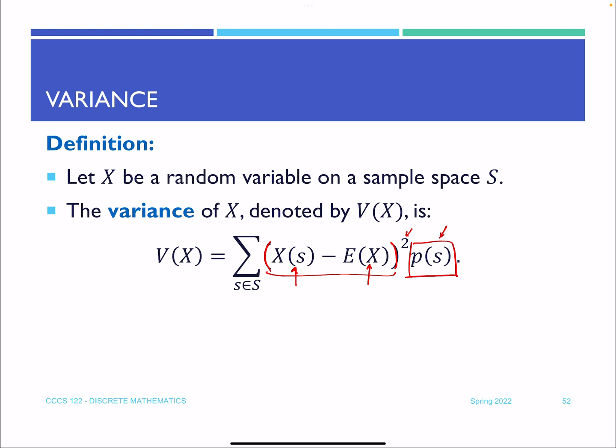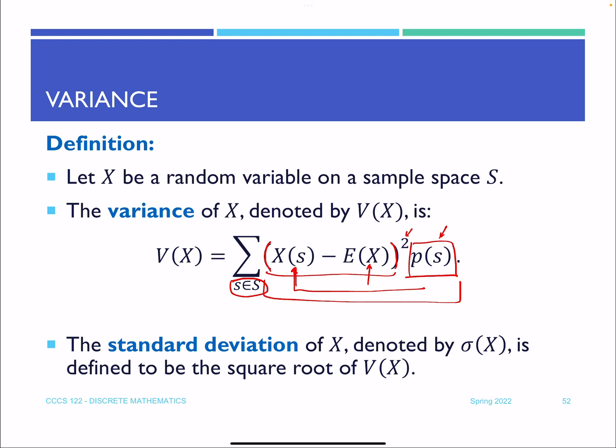And we weigh that by the probability with which we may see that particular value for the random variable, in this case, S. And we compute this for all possible values in the sample space, and then add that up again.